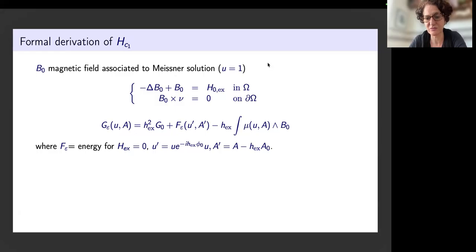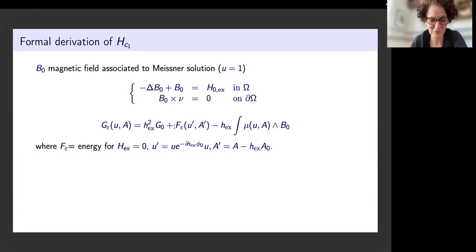So the Meissner solution is the solution that's trivial in terms of vortices. It's just u equals some constant of modulus 1, so we might as well take u equals 1. And when you plug that into the Ginzburg-Landau equation, you find a certain equation for the magnetic field. And that's the equation for the magnetic field.